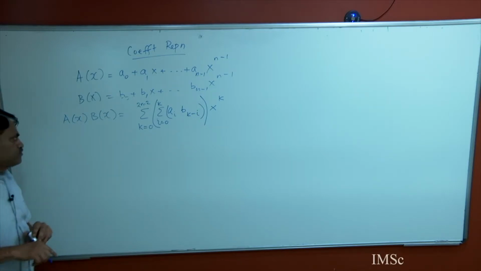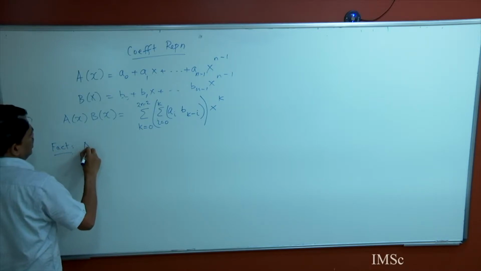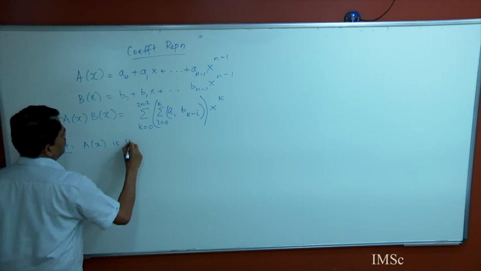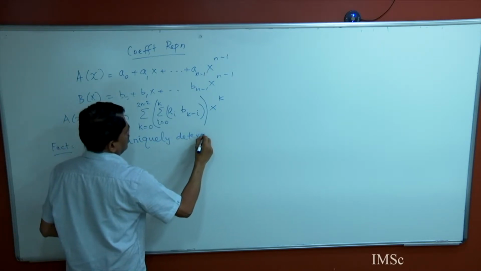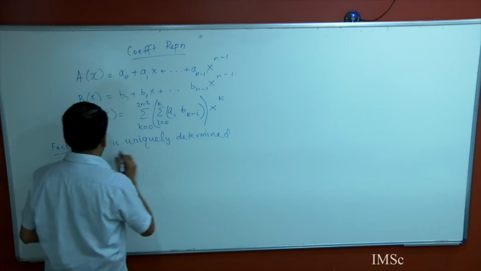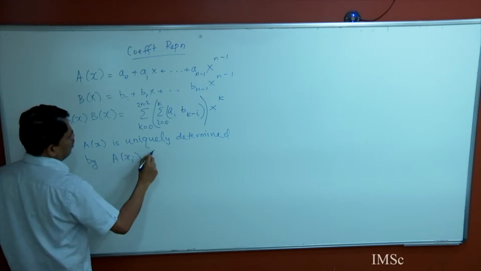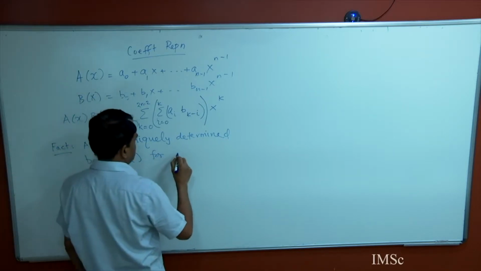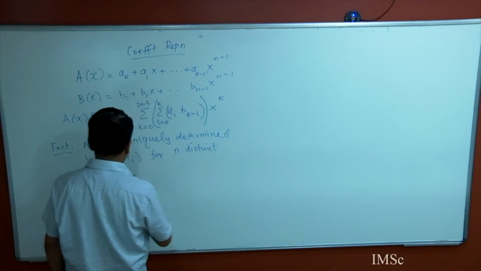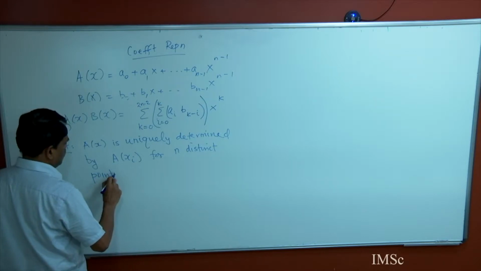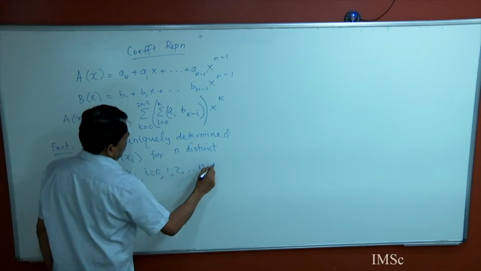So, if I know A(x) is uniquely determined by A(xi) for n distinct points xi, where i ranges from, let us say, 0 to n minus 1.